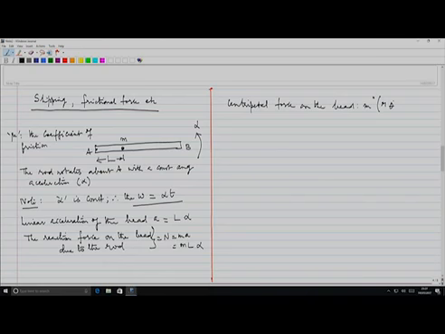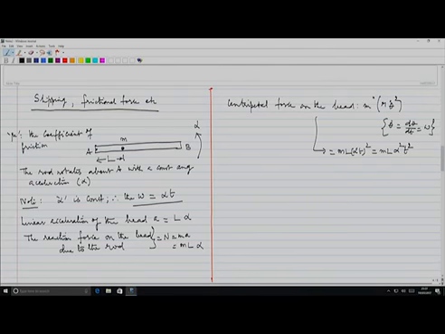M R theta dot squared, where theta dot, if you had forgotten, is d theta by dt, that is nothing but the omega. Therefore the centripetal force on the bead is equal to M into R, which is L, into theta dot, which is alpha t, whole squared. Therefore it is M L alpha squared t squared.